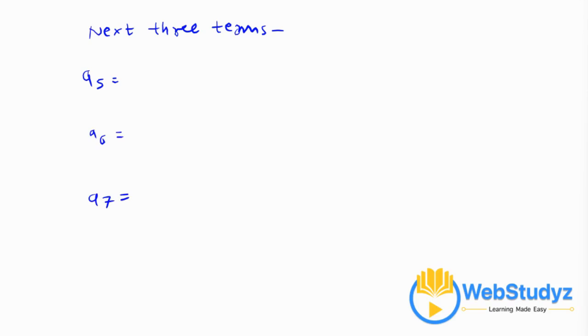So A5 will be √32 plus √2. We can write this as 4√2 plus √2, which is 5√2. We can write this as √50.